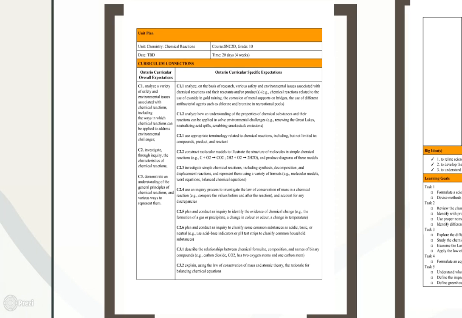So analyzes the variety of safety, environmental issues associated with chemical reactions, including the ways in which chemical reactions can be applied to address environmental change. That's a big one that we're going to touch on. Investigating through inquiry the characteristics of chemical reactions, and demonstrating an understanding of the general principles of chemical reactions and the various ways to represent them.